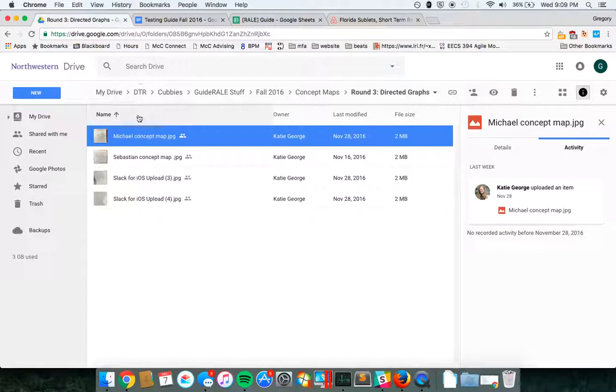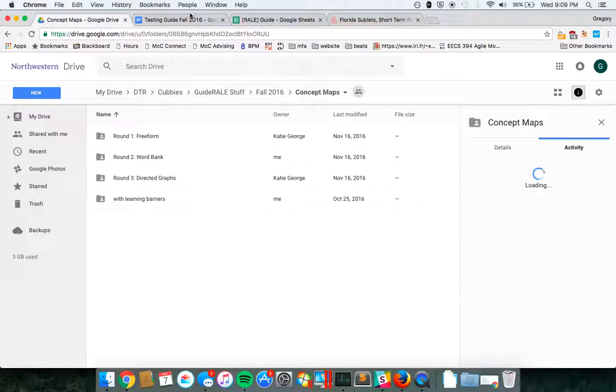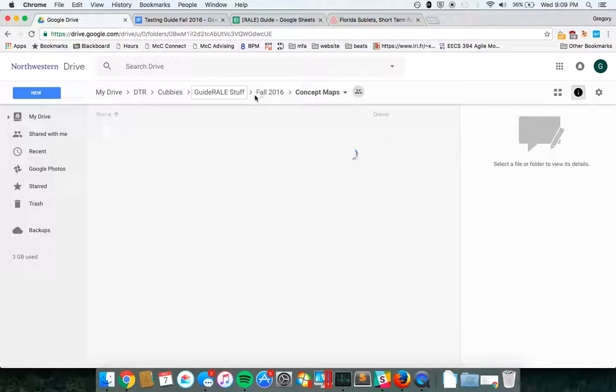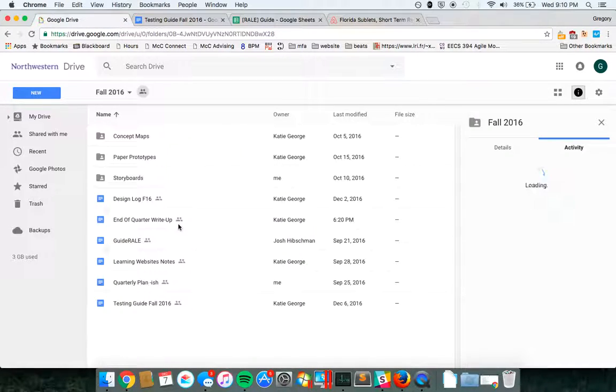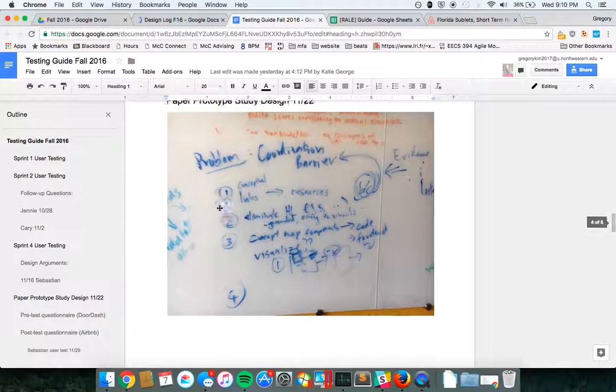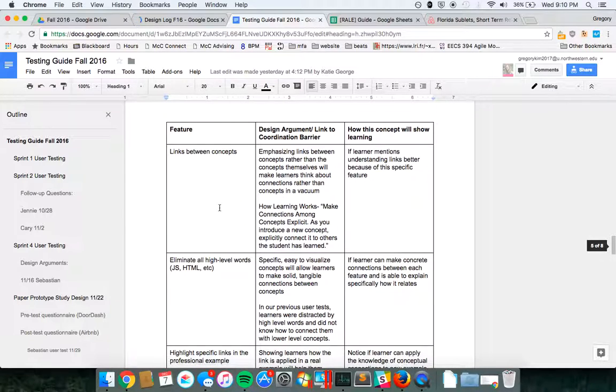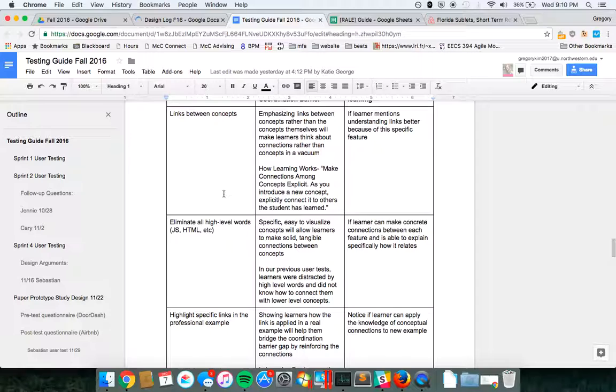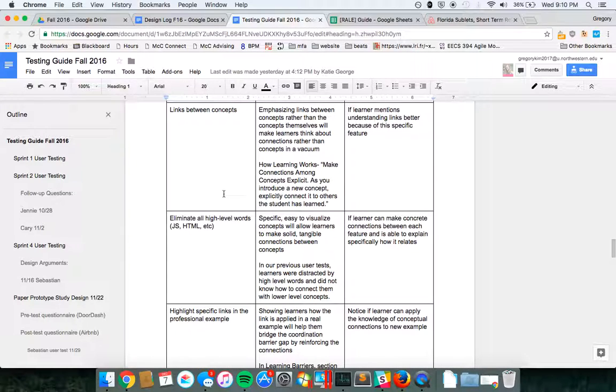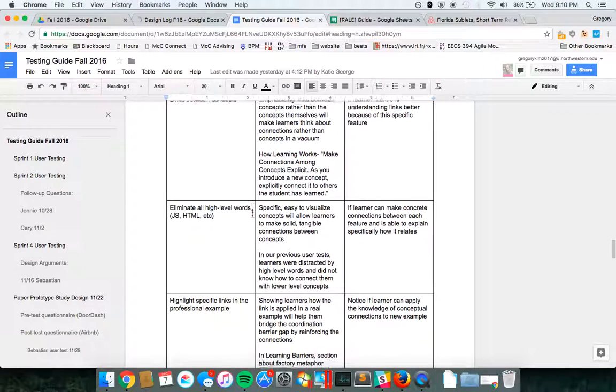So while doing that, we also built our design arguments for the paper prototype. What we wanted to do here was we had various features that we thought would help for multiple reasons, which they're all listed in this testing guide.